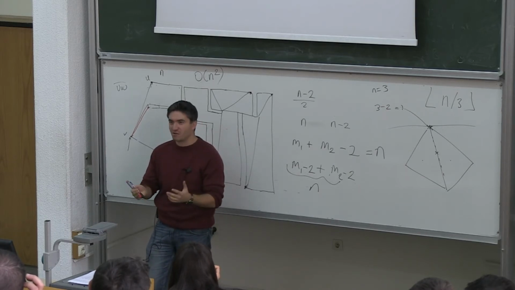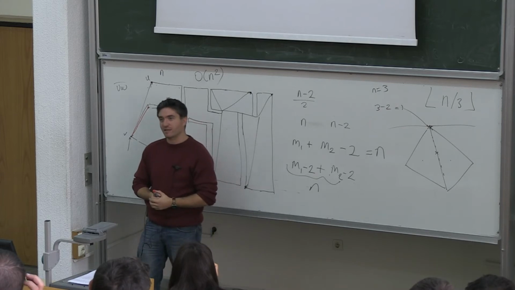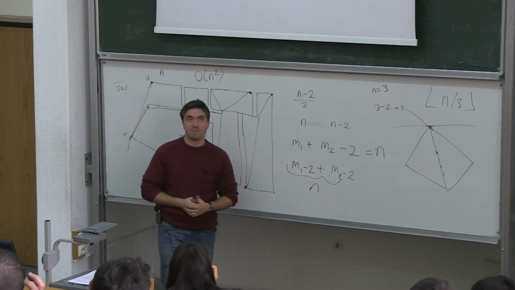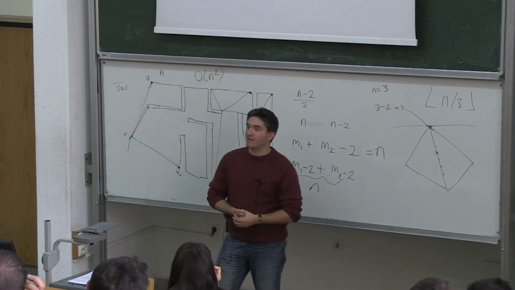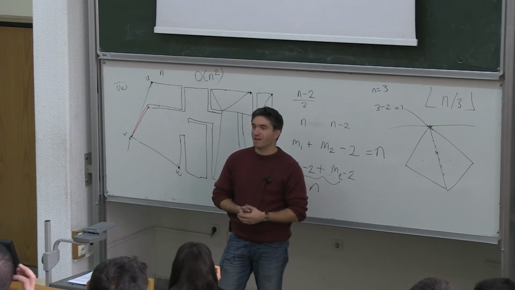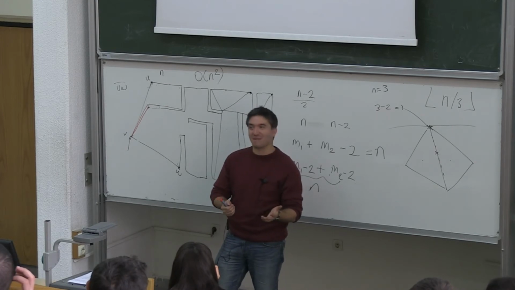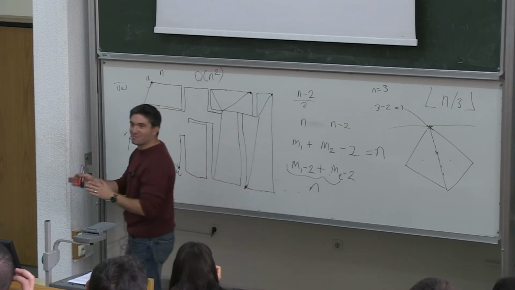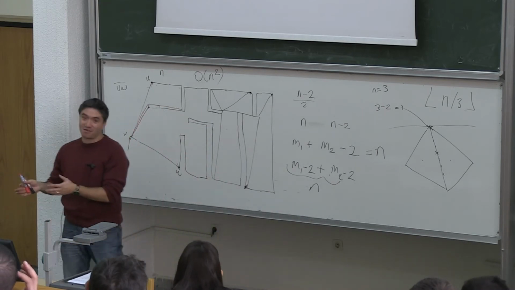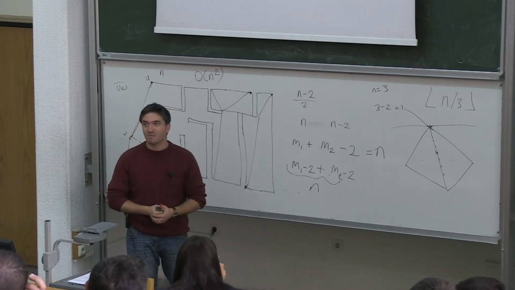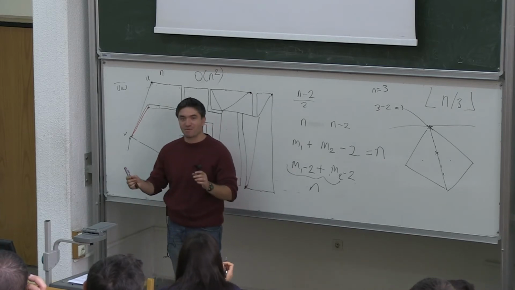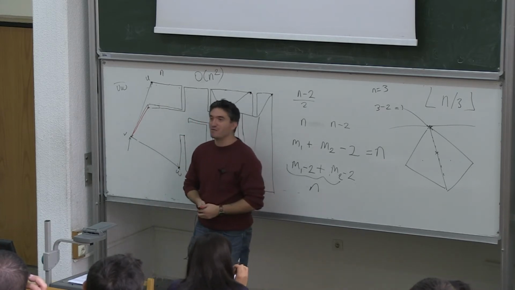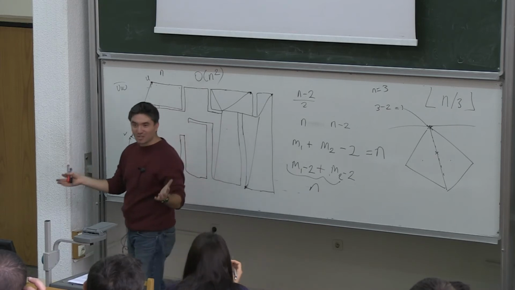It's like a vertex cover problem. Maybe this is how they found its NP-hardness. This may be the problem that they reduced. They may have reduced vertex cover to this problem, because it very much looks like a vertex cover problem: selecting a subset of vertices to cover all the triangles.